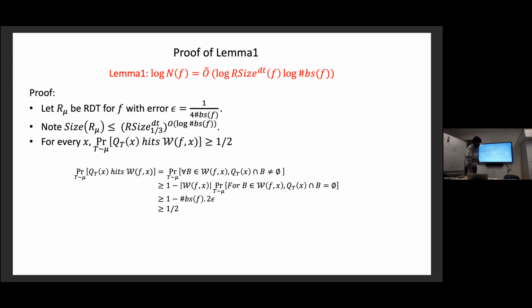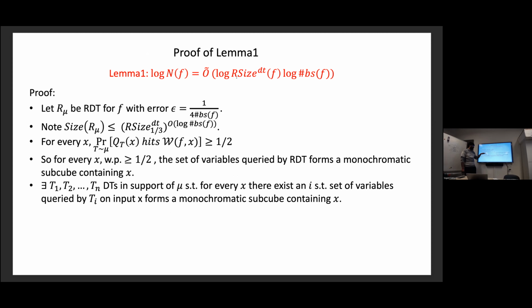And once this is there, then I can say with probability at least 1/2, the set of variables queried by the randomized decision tree will form a monochromatic subcube containing my input. Because if I hit every sensitive block, then I'm actually creating a certificate for that, by the argument we had before. Right. So with probability 1/2, I'm collecting a subcube which covers this input.